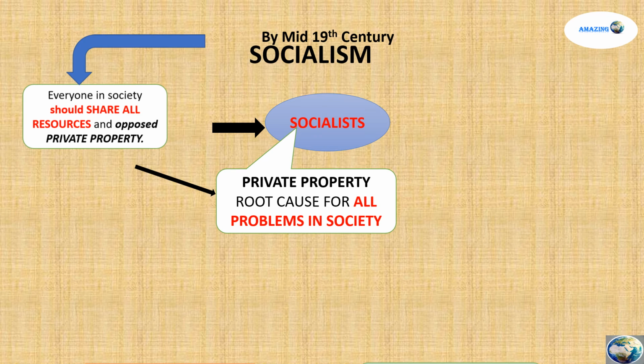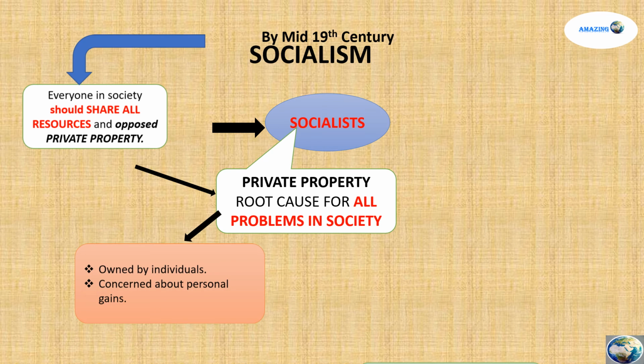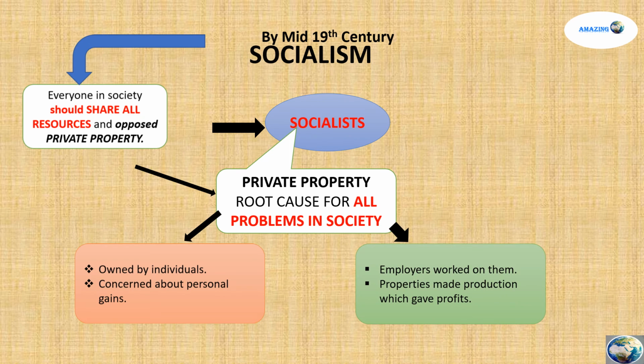Because private property was owned by individuals and individuals were only concerned with personal gains, while their properties were taken care of by employees who worked on them, and these employees made production possible on these properties and gave them profits, but it was seen that these individuals did not share the profits with the workers. And so it was the socialists who said that they should share all resources equally with everyone in society.